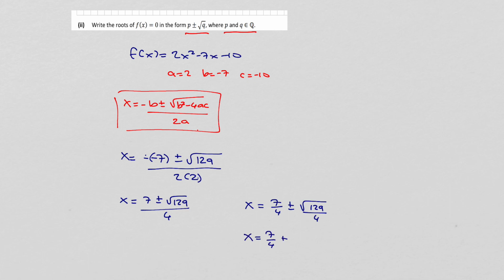The square root that gives me 4 must be 16. So that can be written as the square root of 129 over 16, because the square root of 129 over the square root of 16 is the square root of 129 over 4. So now we can see that p is 7 over 4, and q is 129 over 16, both fractions, as we were told.